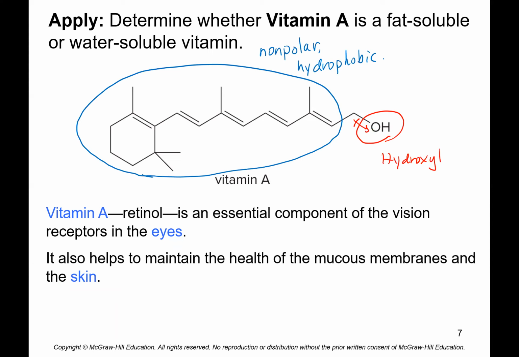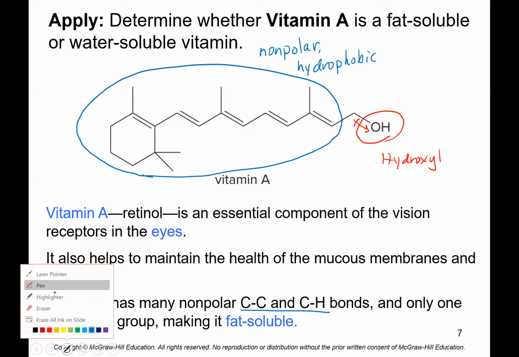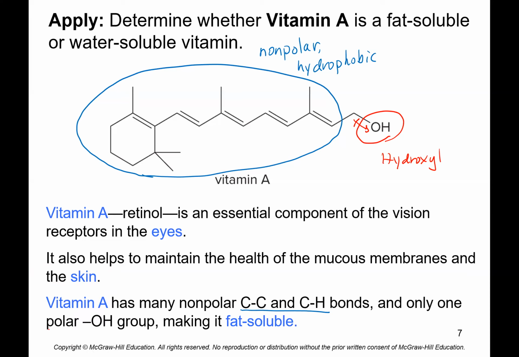So for this reason, it will behave overall as a nonpolar molecule. So if it's nonpolar, then this means that it must be fat soluble. So vitamin A, because it has many nonpolar carbon-carbon and carbon-hydrogen bonds, and it only has one OH group, it's not enough to outweigh the dispersion forces of that hydrophobic tail. This is going to make it fat soluble.